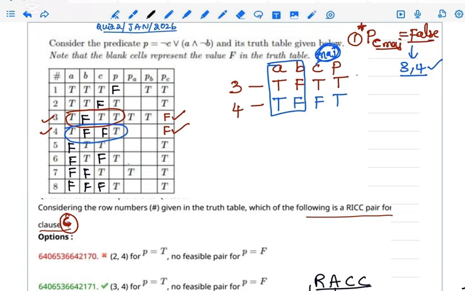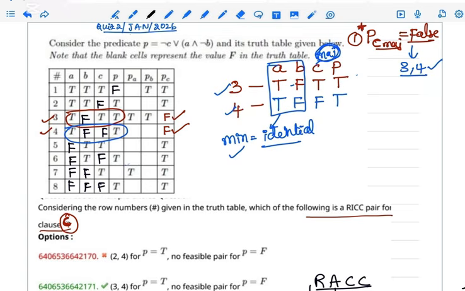So these two are minor clauses, and they are identical, with both having similar values. In 3, A equals true, and in 4 also A equals true. In 3 and 4, B has the same value, false. This condition is satisfied: the minor clauses are identical.